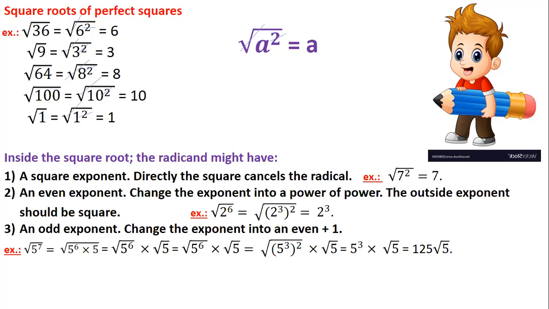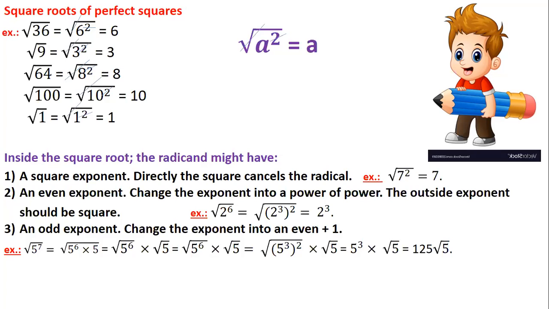It might be an odd exponent. What do we do here? We change the exponent into an even plus 1. For example, if we have inside the radical a cube exponent or a 5 exponent or a 7 exponent, for example, radical 5 to the power 7. 7 is odd, we change it into the even before it plus 1.